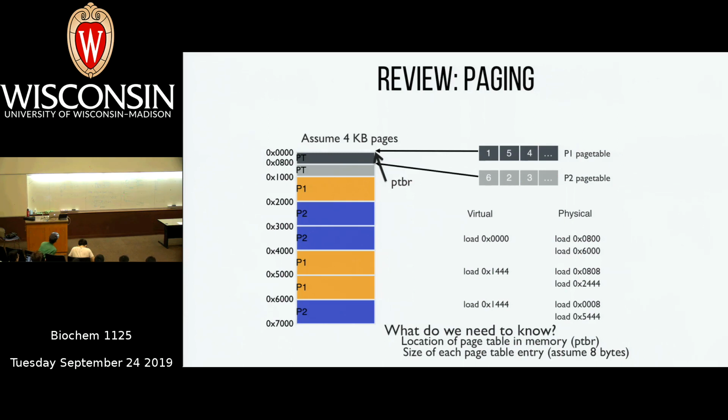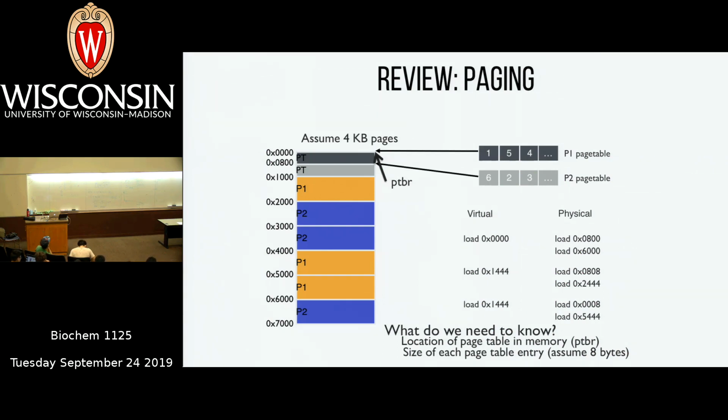So now when P1 wants to read virtual page 1, the way it figures out where the page table entry lives is it takes the page table base register plus the VPN, which is 1, times the size of this entry, which is 8. So we're going to look at address 0008. That is being shown as this memory location right here. And so now we do a load from there.